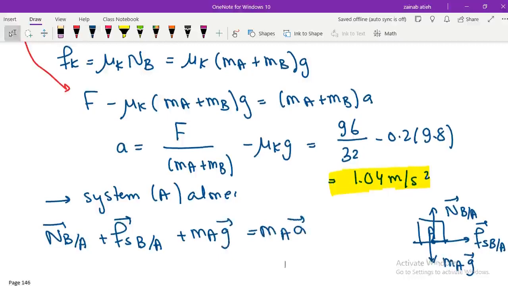I only want FS, so I will only project along the x-axis.